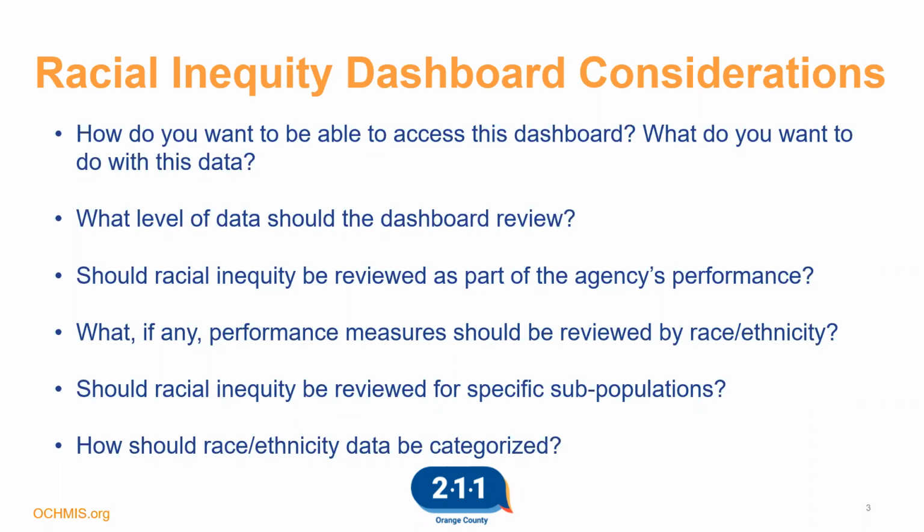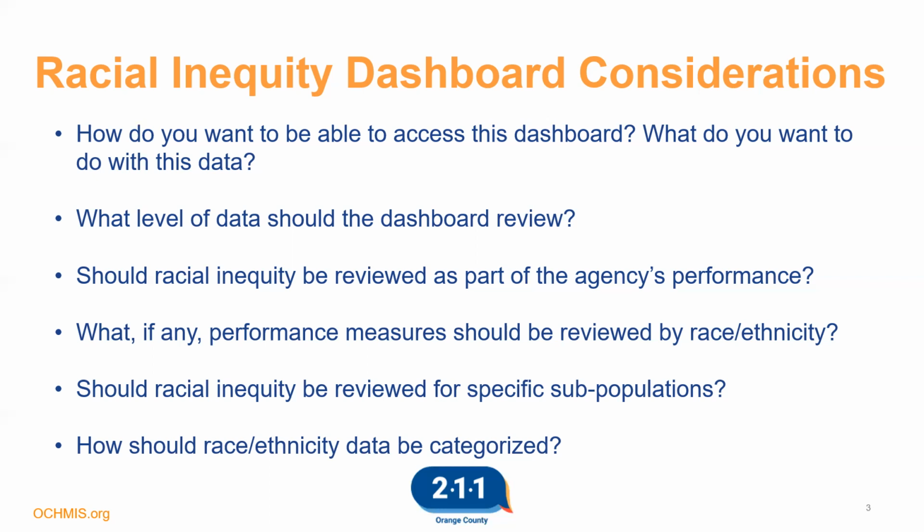Should racial inequity be reviewed as part of your agency's performance? So when we do performance measures and we do the NOFA ranking, should we be considering racial inequity? And what, if any, performance measures should we be looking at with the race and ethnicity lens? We'll go into that a little bit more.